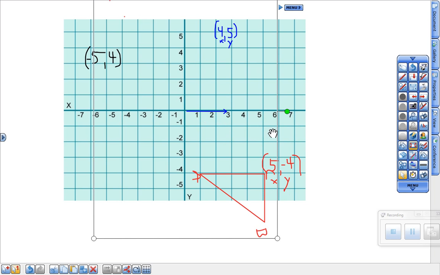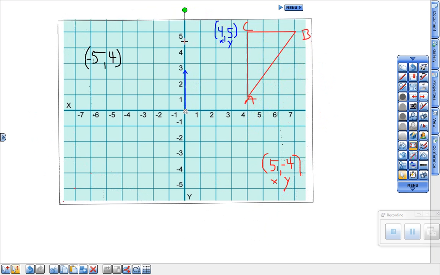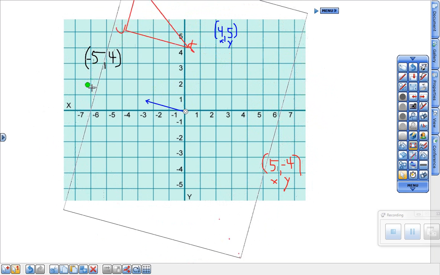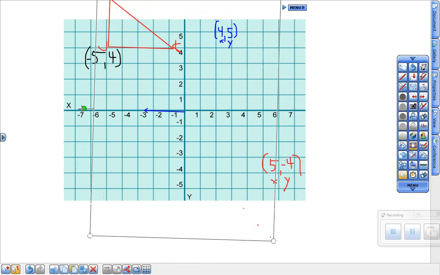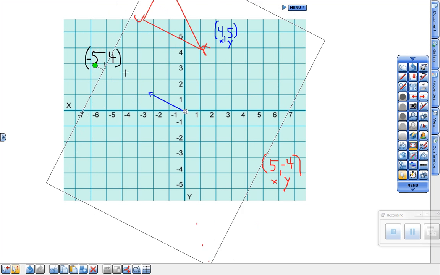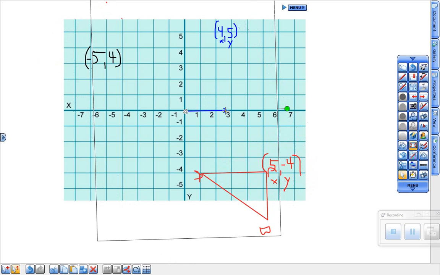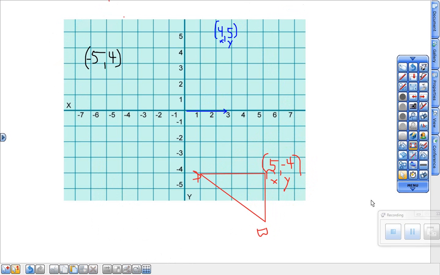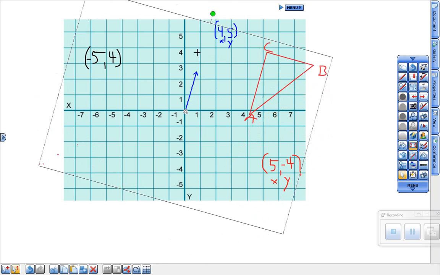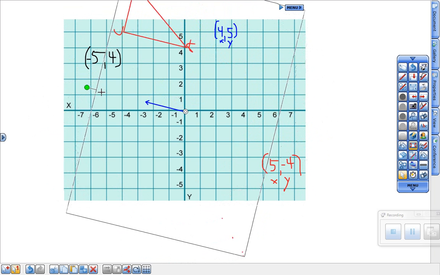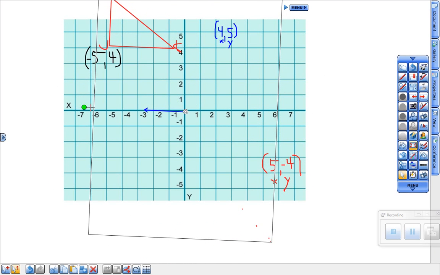So again, one more time, you need to commit this to memory. A 90 degree turn to the left is the point flip-flopped, but x made negative. A 90 degree turn to the right is the flip-flop of that point, but the y made negative. So know that. Turn to the left 90 degrees, flip the point around, and then make the x one negative.